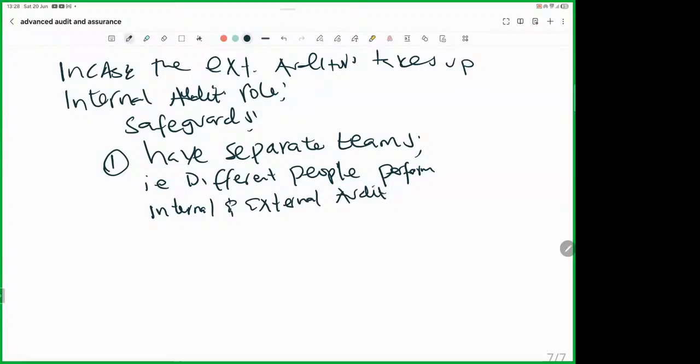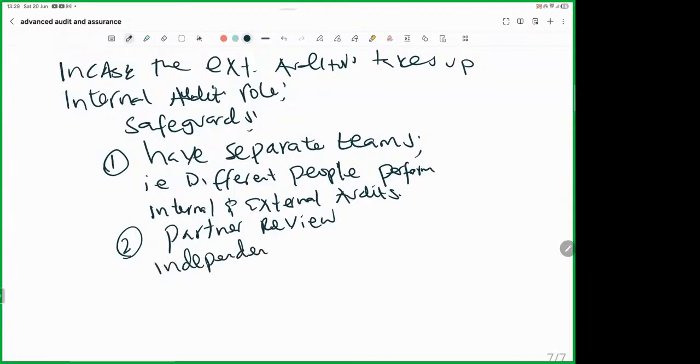You will have different engagement teams. Number two, partner review. Partner review of the jobs done by the two teams. So independent partners to carry out reviews. So those are clear safeguards.